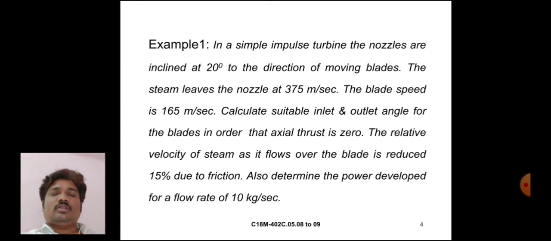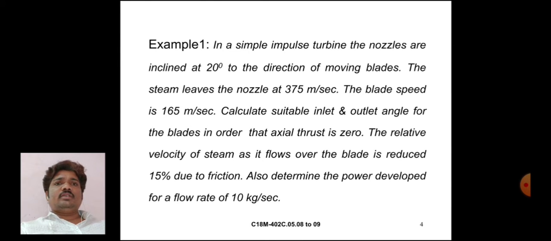Example 1. The first problem is related to impulse turbine. In a simple impulse turbine, the nozzles are inclined at 20 degrees to the direction of moving blades. The steam leaves the nozzle at 375 meters per second.